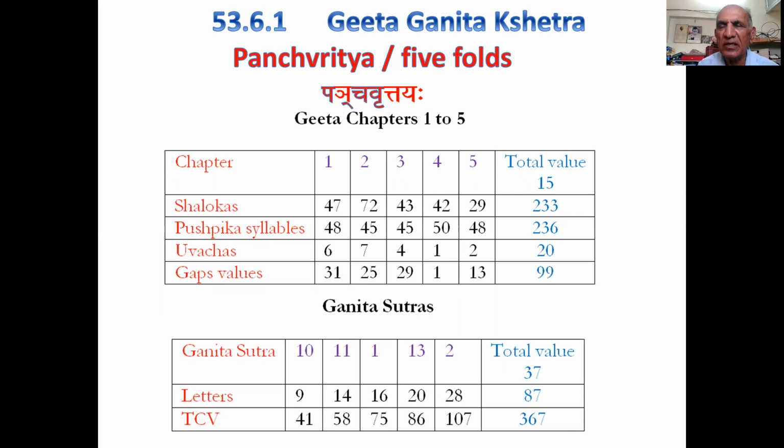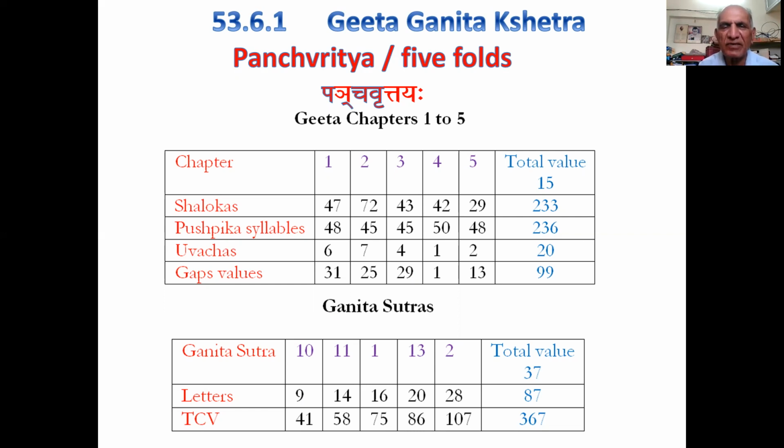On the computer screen, the first table is having in its first row the column-wise depiction of chapters 1, 2, 3, 4, and 5. The second row tabulates the shlokas of these five chapters of Srimad Bhagavad Gita.